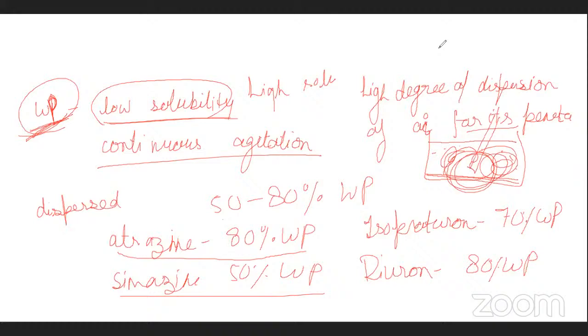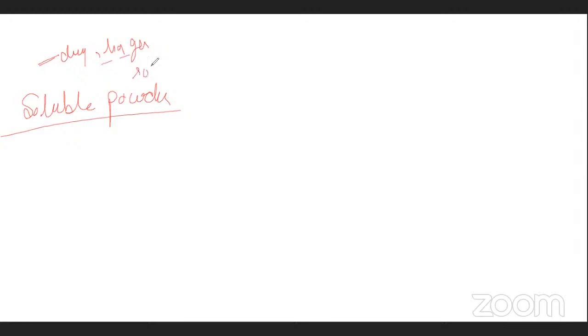Okay, then we have the second one, the soluble powder. As given, herbicides may be in the form of dry, liquid or gas, so I have taken the solid one.